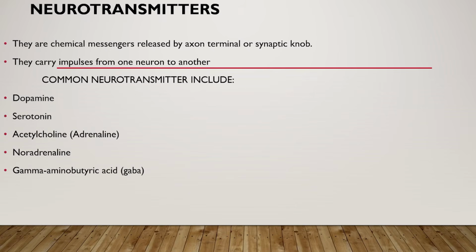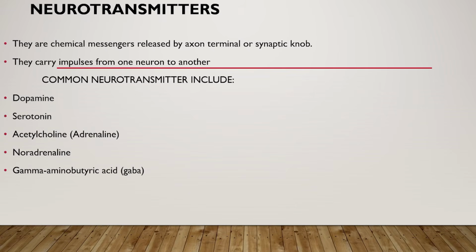Common examples of neurotransmitters are dopamine, serotonin, acetylcholine, adrenaline, noradrenaline, and gamma-aminobutyric acid, known as GABA. All these are chemical messengers released by the synaptic knob into the synaptic cleft.